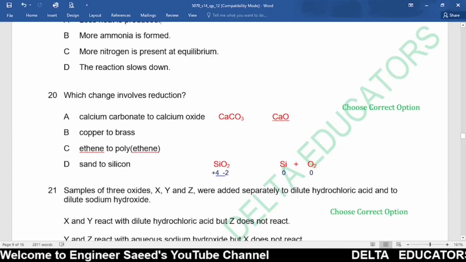Silicon is in atomic state, so its oxidation state will be 0, and also for oxygen that is in molecular state, its oxidation state will be 0. In silicon dioxide, oxidation state is +4, in silicon it is 0, so here it has gained 4 electron and gain of electron is called reduction. So here reduction is involved. So our correct option will be option D, sand to silicon.